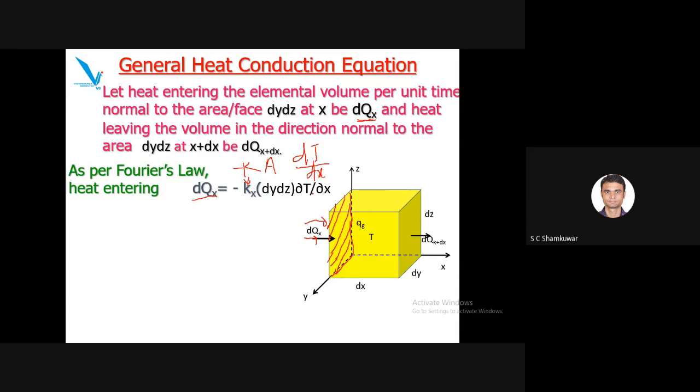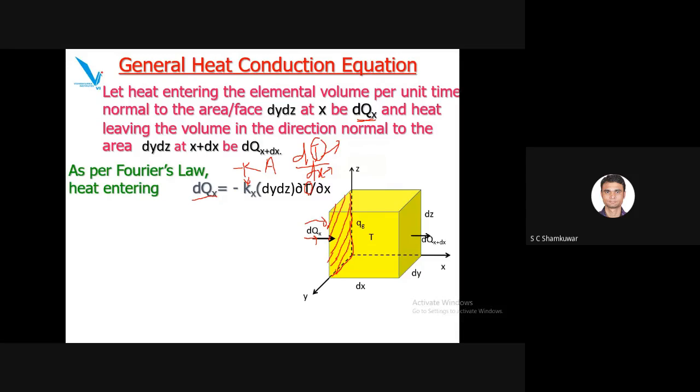Instead of dT by dx, now there is a partial derivative, delta T by delta x. Why are we taking partial derivatives? When we consider the complete derivative dT by dx, the temperature is changing only with the x direction. But here the temperature is changing in the x direction, y direction, z direction, and also with respect to time.